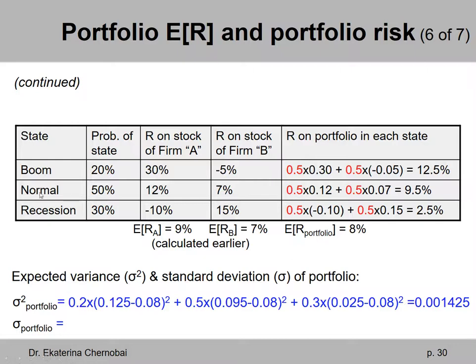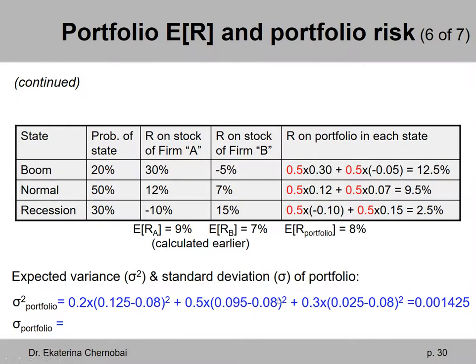So we do the probability of the boom state, 0.2, multiplied by the return on the portfolio in the boom state, 12.5%, minus portfolio expected return, 8%, that we have just calculated on the last slide. And then we square that deviation from 8%.